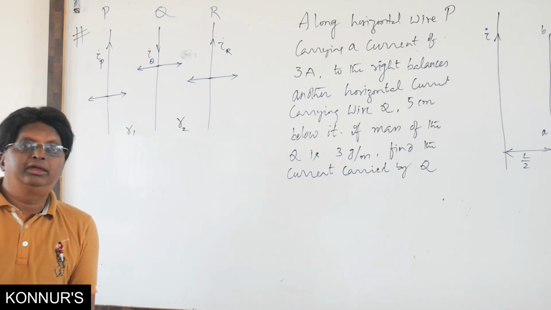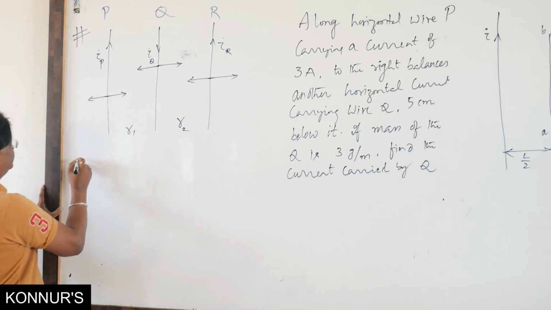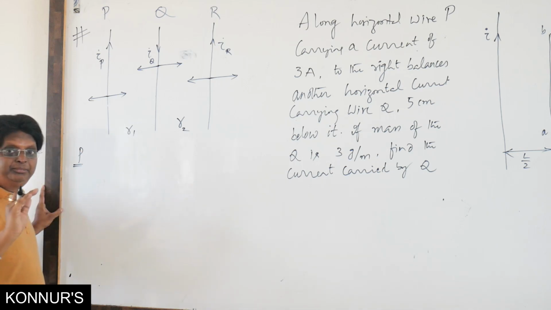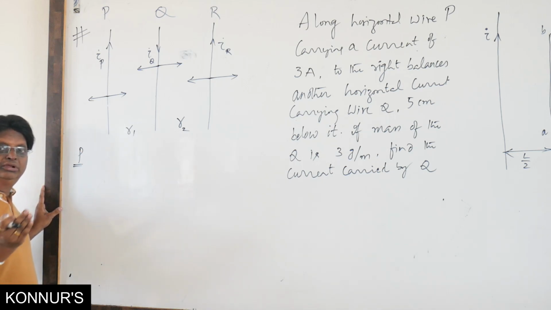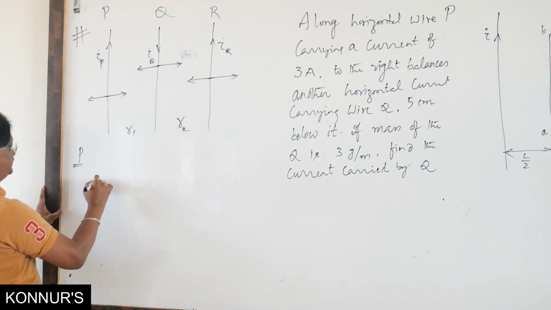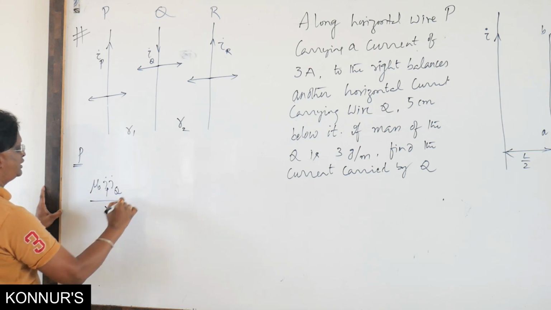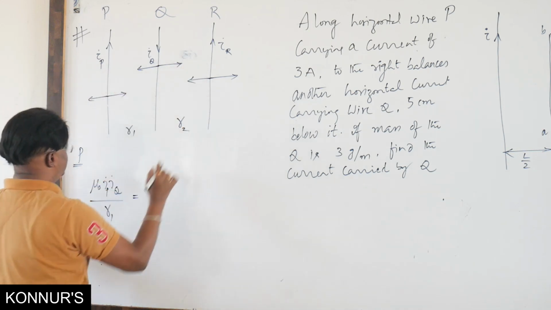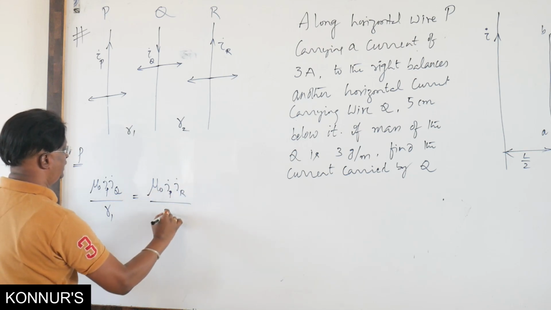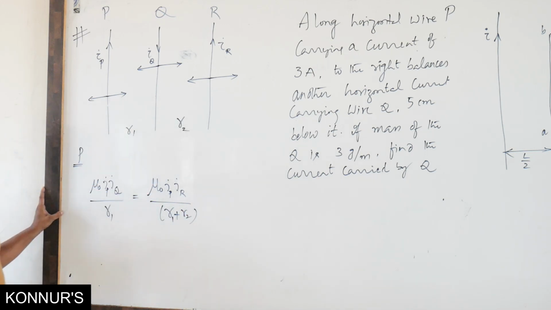Which of them will be in equilibrium will be decided by the particular statement we are now writing. Supposing I am writing it for P, there are two forces, and let me make them equal, then only equilibrium is possible. So for P, between P and Q, the force is mu naught IP IQ by R1, which is equal to the force between P and R, mu naught IP IR by R1 plus R2, because between P and R the distance is R1 plus R2.